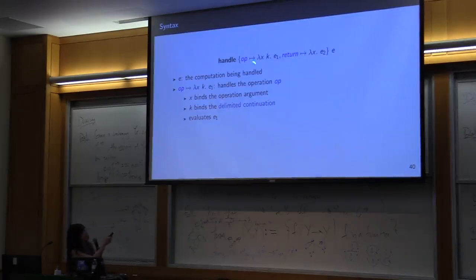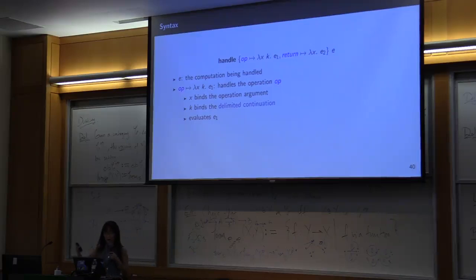Within this handler definition, we have two parts. We have this operation that maps to something, which is a function. And then there is something called a return that maps to some other function. In this op syntax, you can consider that this is saying, I'm going to handle the operation op if there is an op in the computation that I'm handling, which is E. And how am I going to handle it?